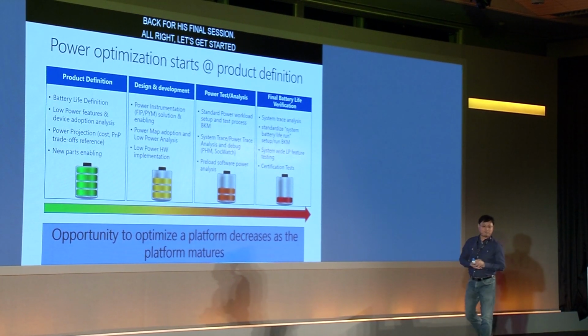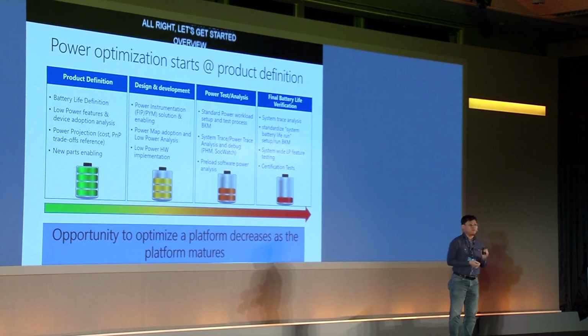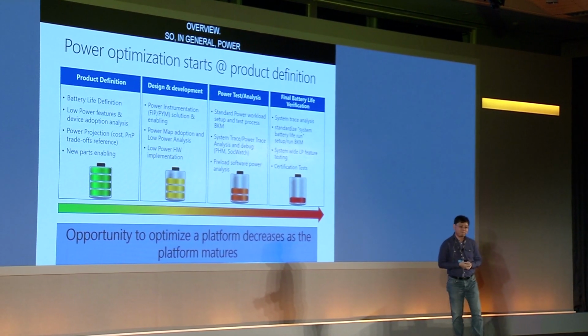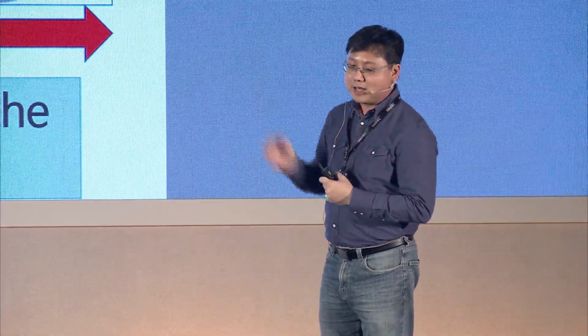In general, power optimization on a PC can be categorized into 4 phases. The first one, product definition. This is when you start to define a new project, the requirements, the features, set the battery life targets, and then set the schedules and cost, etc. Then moving to the second phase, which is design and development.